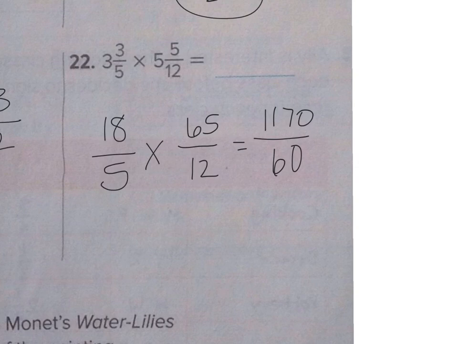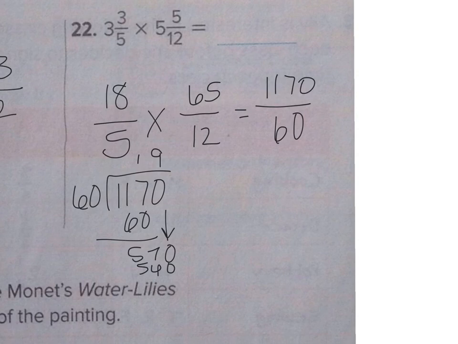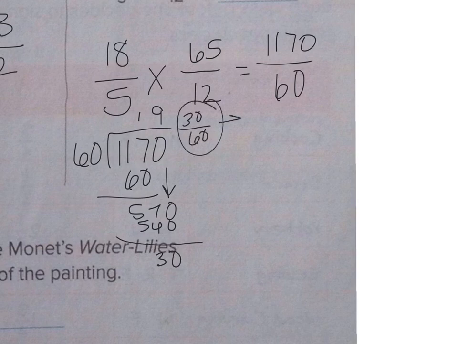And when we simplify this, we get the answer 19 30/60, which we know is 1/2. So our final answer is 19 1/2.